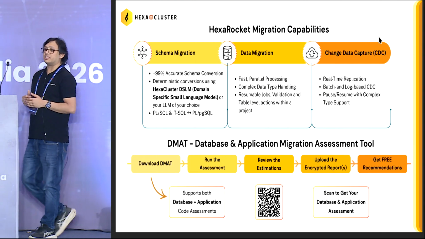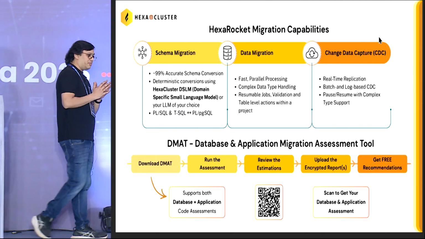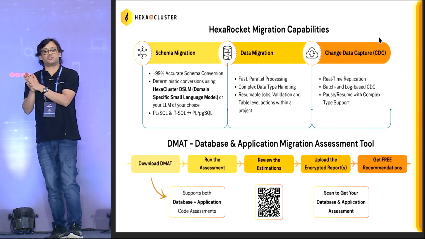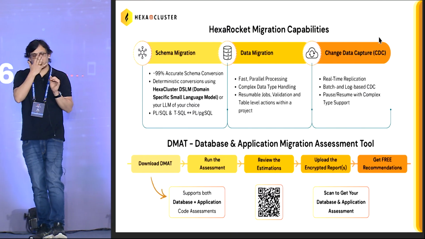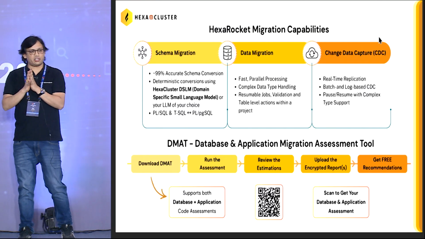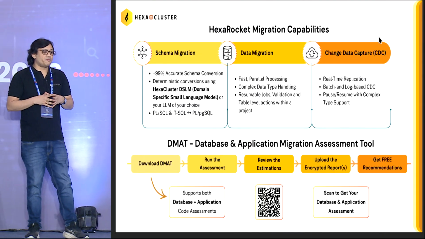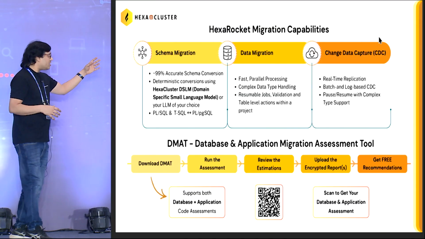It's HexaRocket's workflow that is going to really guide the migration, and it's going to use different layers of validation as well to ensure that hallucinations are avoided. I think in today's keynote you would have seen the speaker talking about hallucinations, right? So hallucinations are completely avoided, and at the same time it's going to be a deterministic conversion.